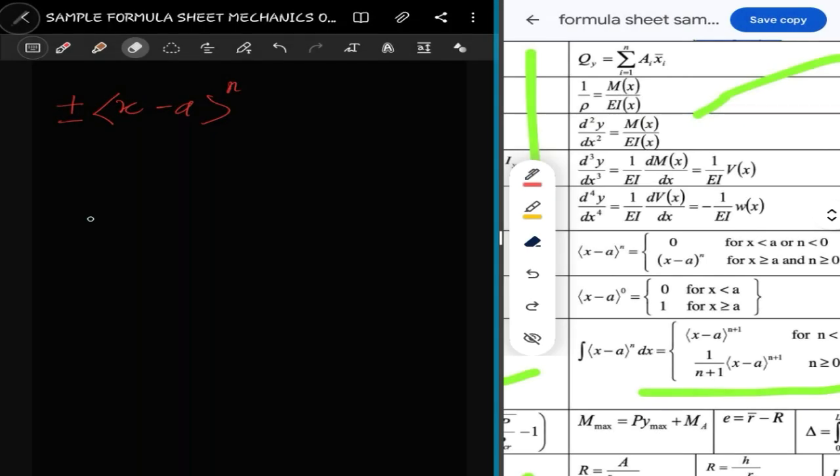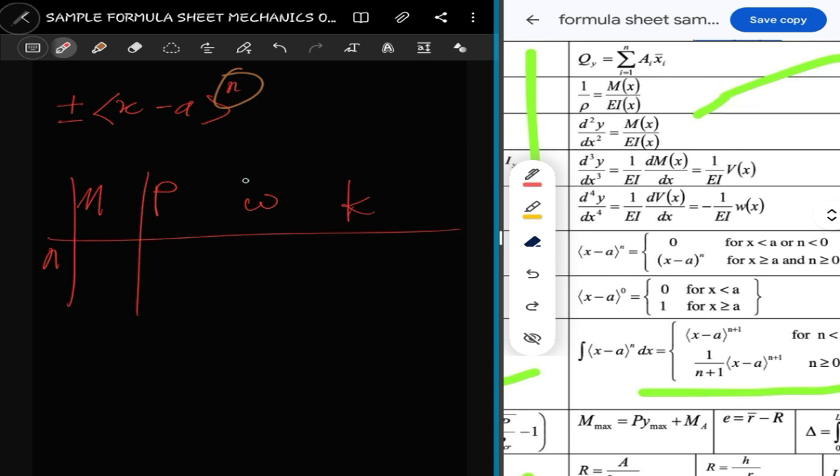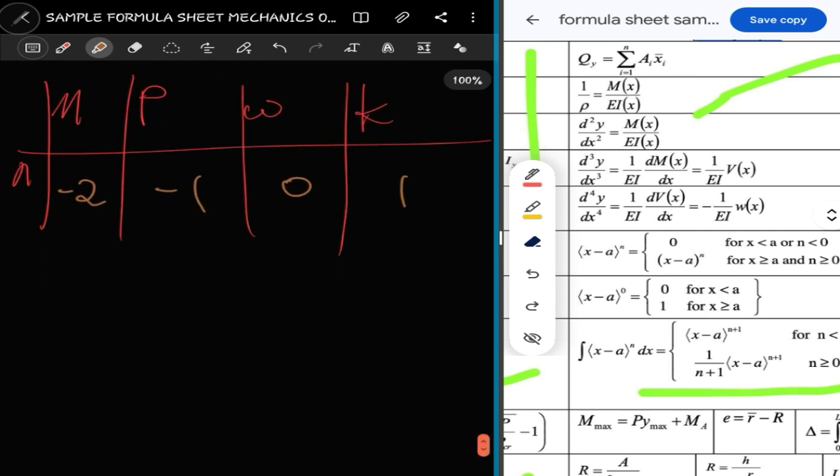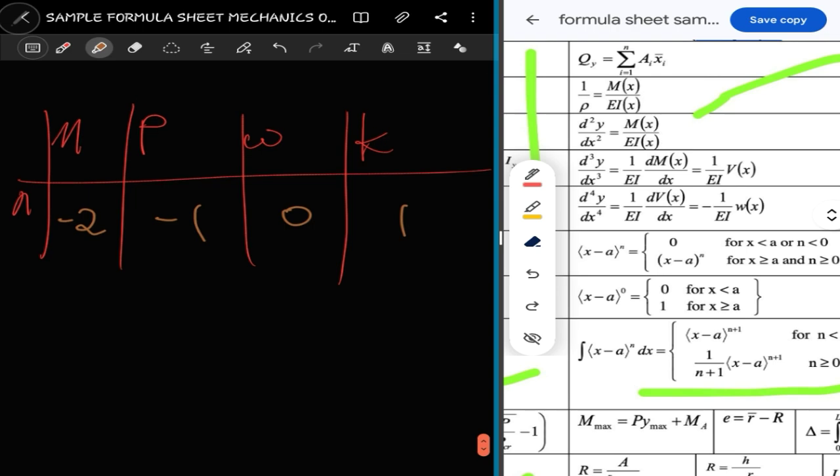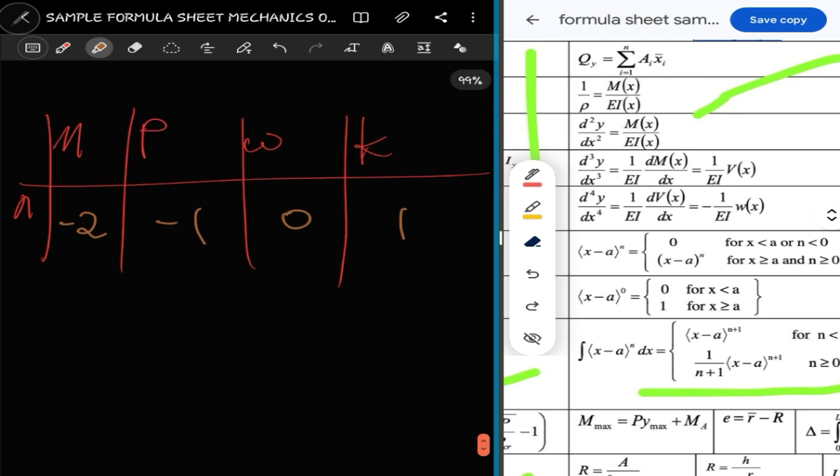In our discussion so far, the value for the n here depends on the load, right? So we either have a moment, a point load, a uniform distributed load, or a linear distributed load. Each of them has its own value for the n, right? Okay. So for this here, we have the values -2, -1, 0, and then 1, right? And then because we are doing the singularity method, we do a lot of integrations.